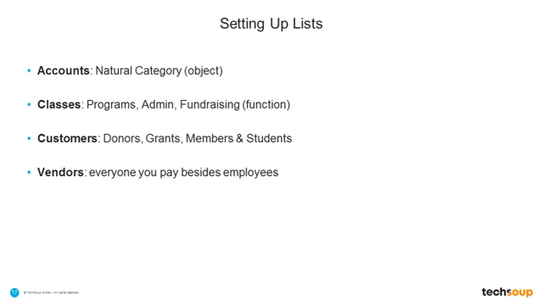There's lists and then there's transactions. And if you want to get good reports out of the software, which is why you're all here, a lot of the reason why people can't get good reports, even if you've been using QuickBooks a while, is because you haven't set up the lists correctly. So this is actually what we went over a couple of weeks ago, but I just wanted to put it on the screen here.